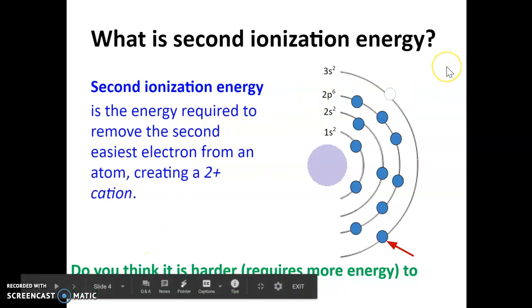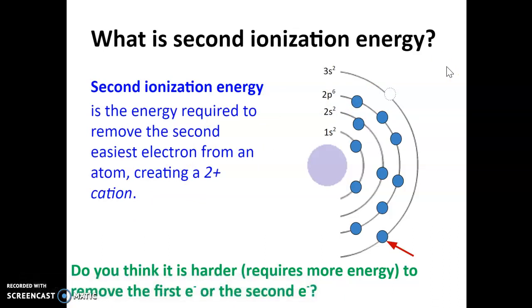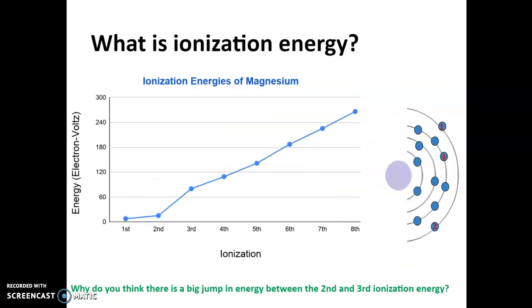So now my question for y'all is, do you think it's harder or easier to remove the first electron or the second electron? Which one do you think's harder to remove? It takes more energy to pull that guy off. To discuss this in a little more detail, let's look at an example.